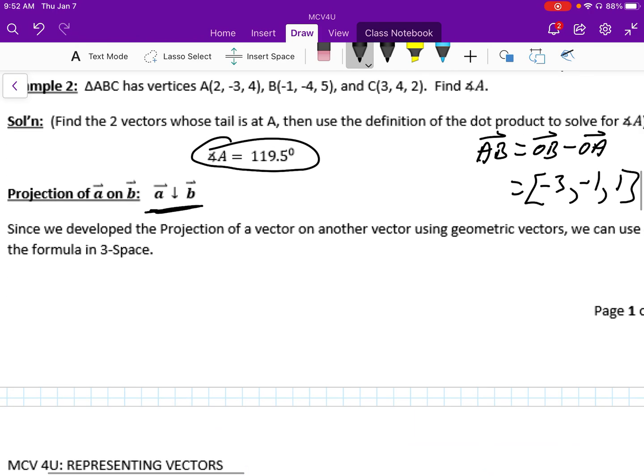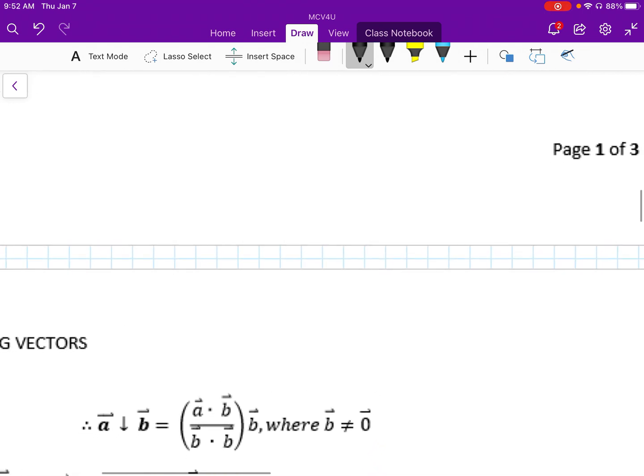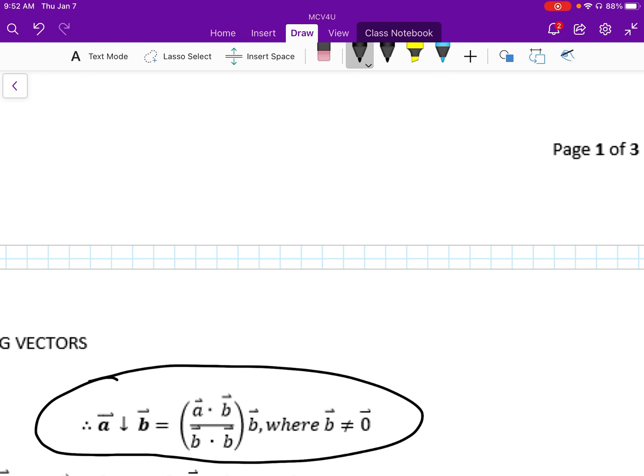We know that the projection of A onto B, or a vector onto another one, uses the dot products. So A onto B would be A dot B divided by B dot B times the vector B. So it's in the direction of B. You have to remember you're in the direction of B.